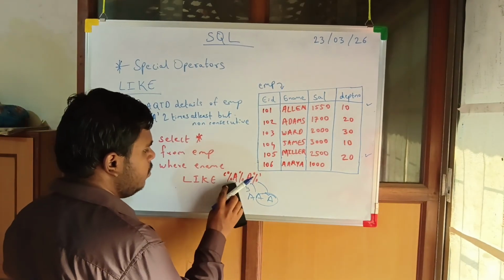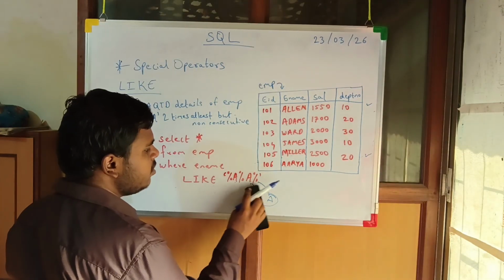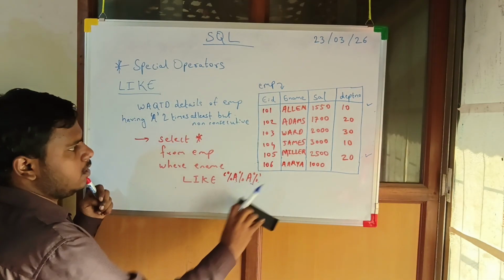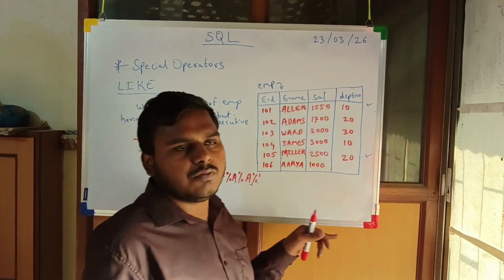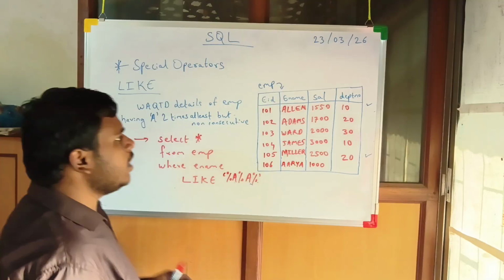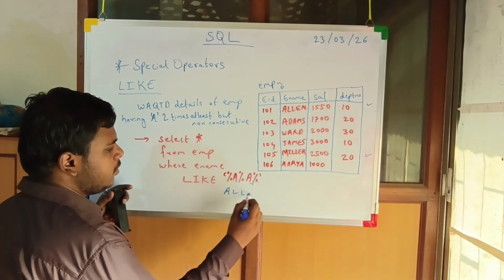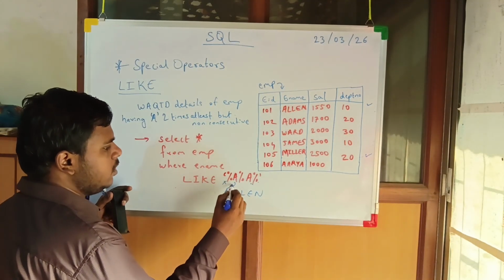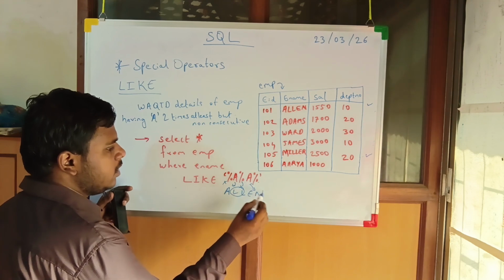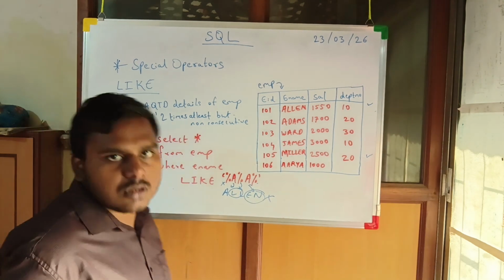So now this gives us surety that even if only 2 A's are there in an E name, it will make sure that at least 2 A will be accepted. A single A like Alan will not be accepted because this percentage is of no use. Here if you check Alan, A is taken by A, percentage will take double N, but there is no A for the last one, so intercaste marriage is not allowed.